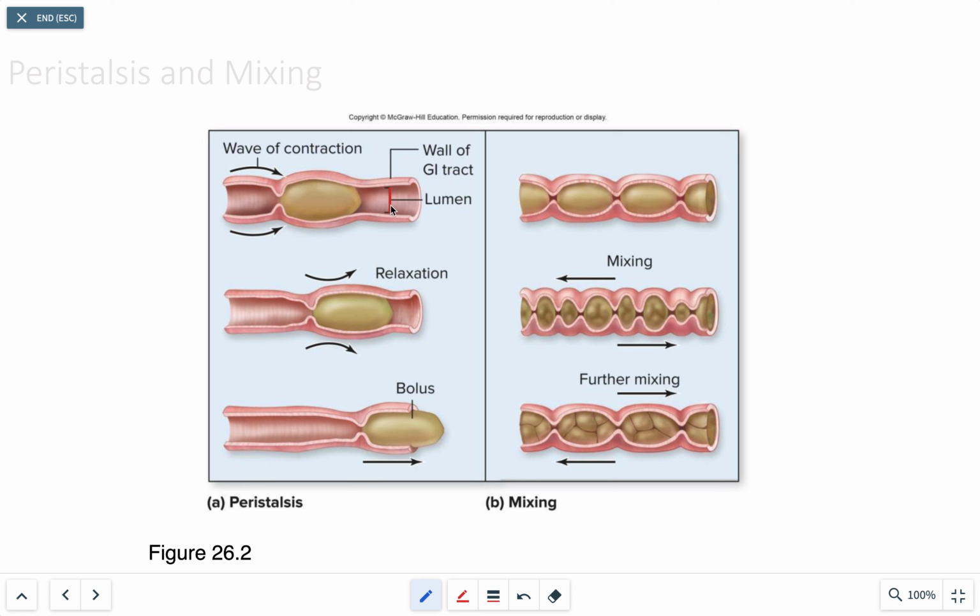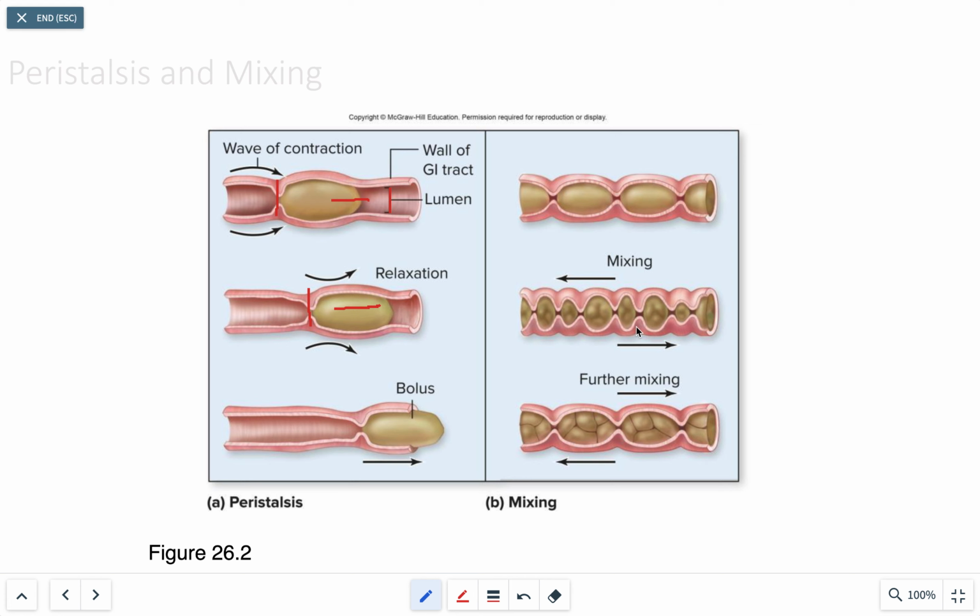You can picture this like a toothpaste. It's essentially contracting, pushing the bolus of food forward, and then we see a relaxation, and then another contraction pushing the bolus of food forward. Basically, its job is to move the bolus of food further through the GI tract.